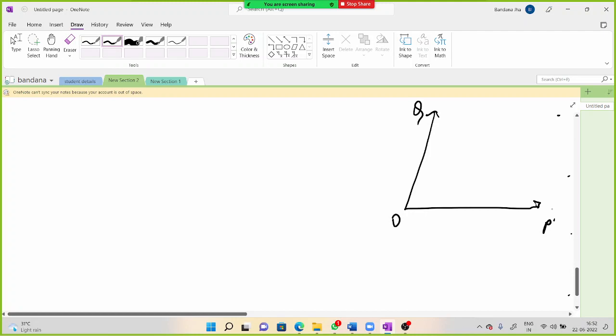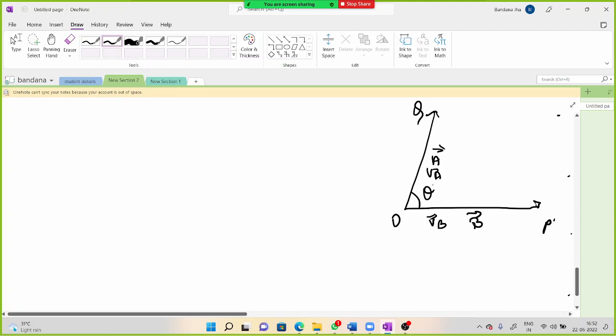Suppose two bodies we are taking, body A and body B. Both are moving with a velocity VA and this is VB, making an angle theta between these two.